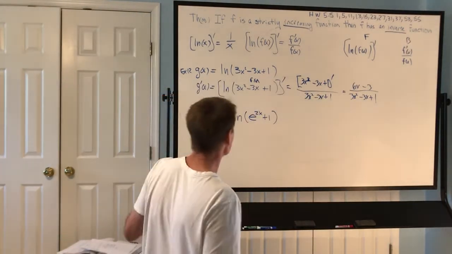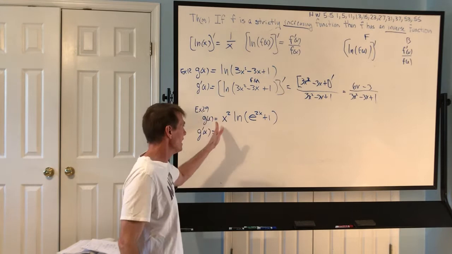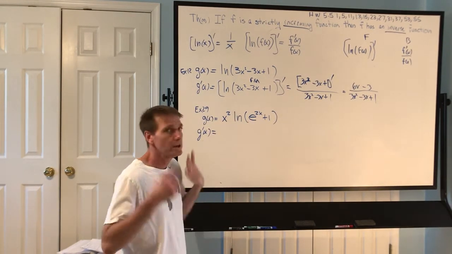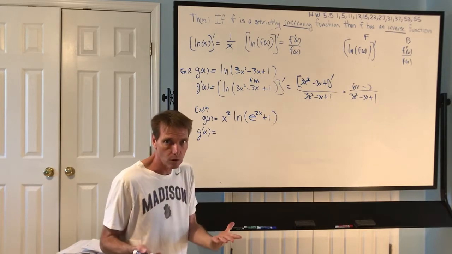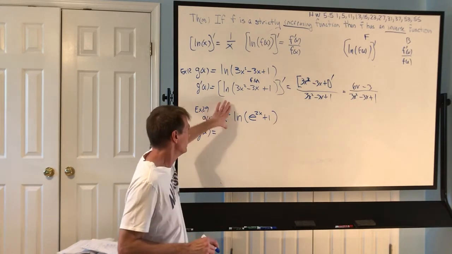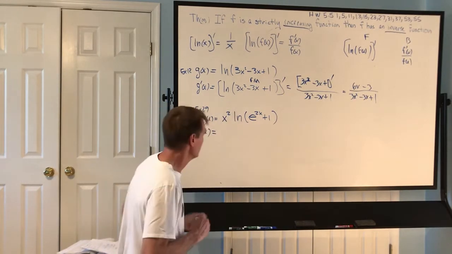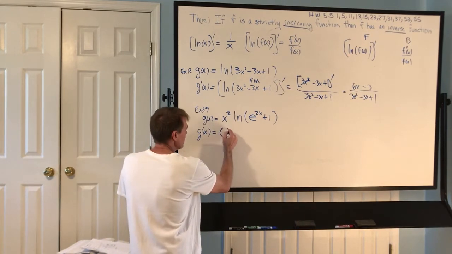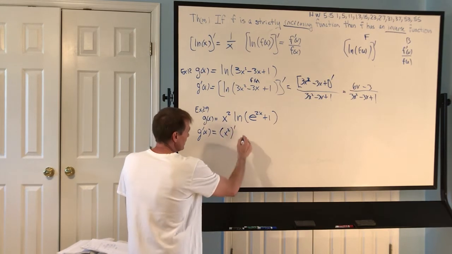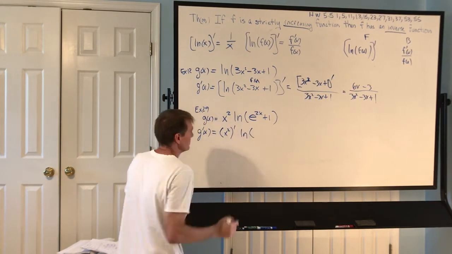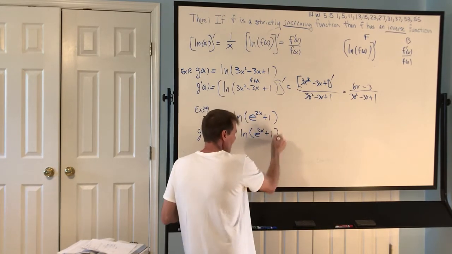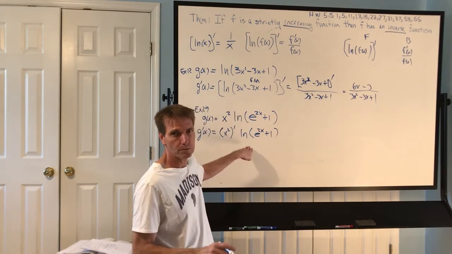The first thing I run into is that it's x squared times the natural log of e to the 2x plus 1. So we got to use product rule. It's this function times that function. So this would be, using product rule, the derivative of this guy times that guy. Do I do anything with that guy? Not now. You leave him alone. We're using product rule.